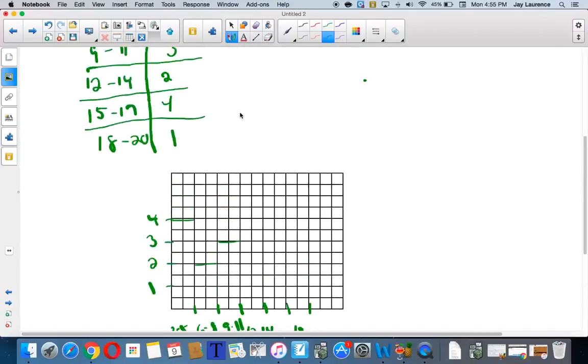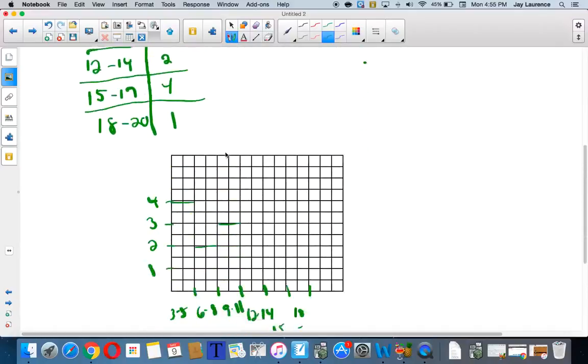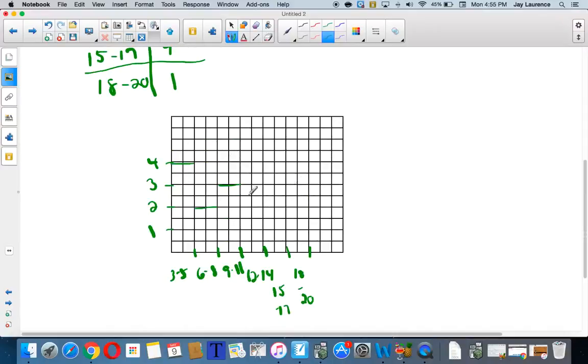Okay, 4, 2, and 3, and then 2, 4, and 1. So I'll have 2, and then 4, and then drop down to 1. And it's going to look kind of like this. It's hard to draw the perfect segments, but that will be the idea. Okay, so there's my histogram.